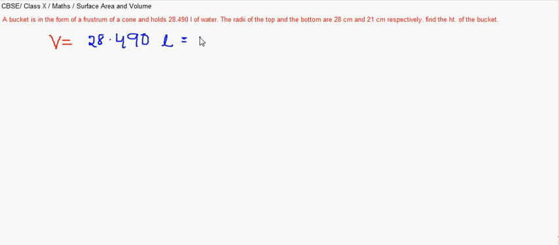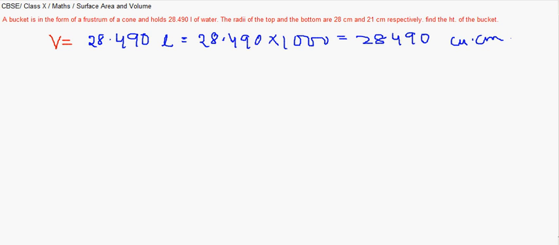To do so, we have to multiply it by 1000. So that makes it 28490 cubic centimeter of water. R1 and R2 are also given, R1 is 28 and R2 is 21.